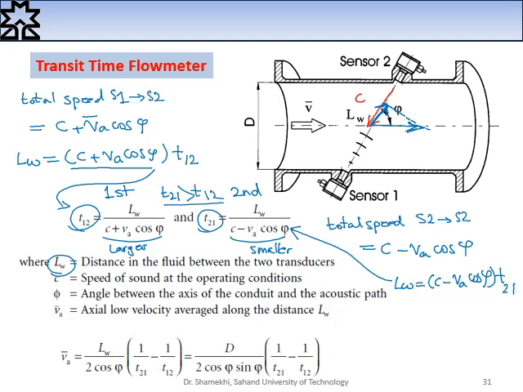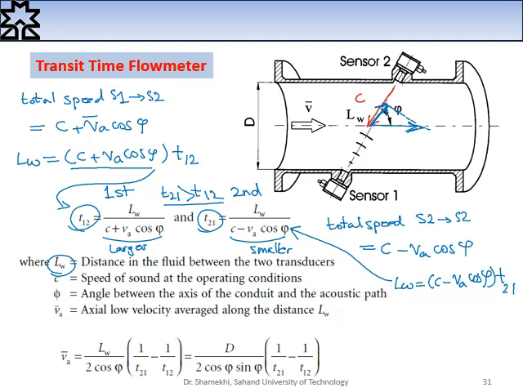It means that the sound from sensor 1 to sensor 2 will be received sooner than when we send sound from sensor 2 to sensor 1.